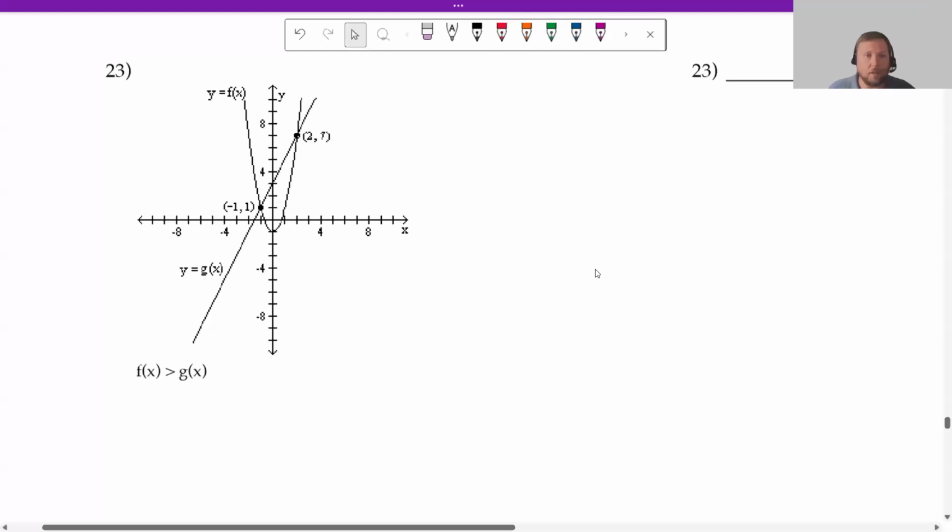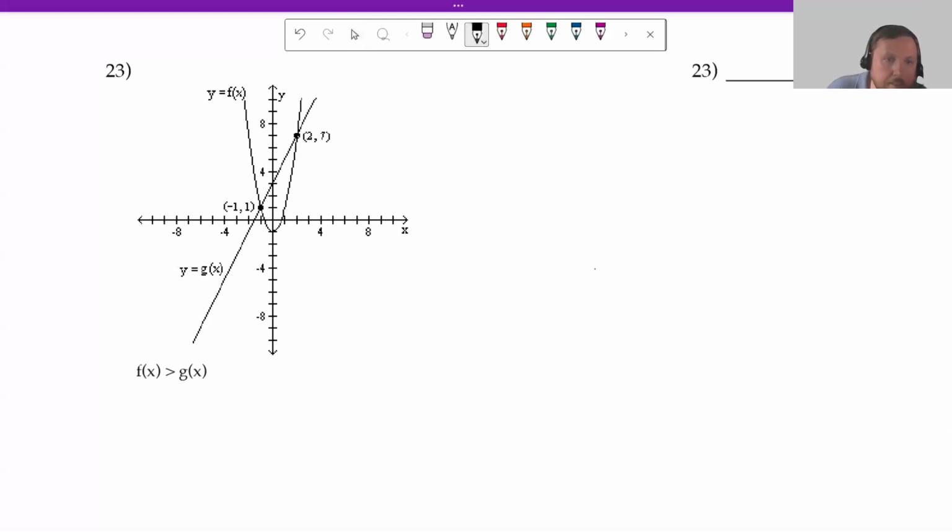Okay. Solve the inequality. f of x is less than g of x. So you have to look at the picture and figure out which one's f of x and which one's g of x. So g of x is the straight line, and then f of x is the parabola. So we can see that the parabola is above the straight line for these parts here. And it's just greater than, so we're not including these, but those points are important.